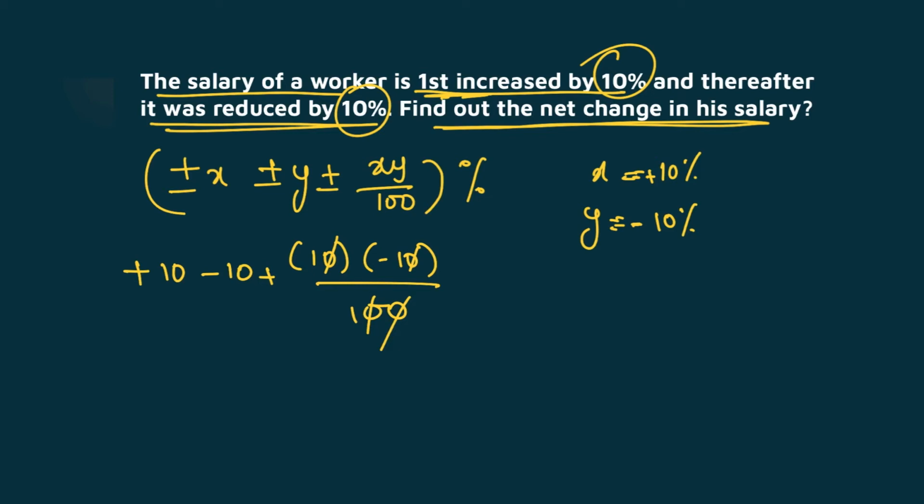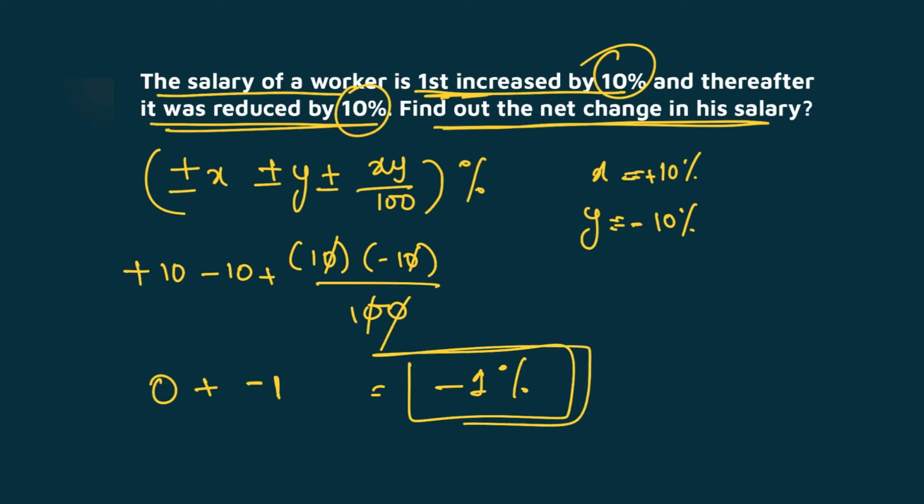Plus 10 and minus 10 is nothing but 0. 1 into minus 1 is minus 1, which means minus 1%. So the net change in salary is minus 1%, that is, there is a decrease in his salary.